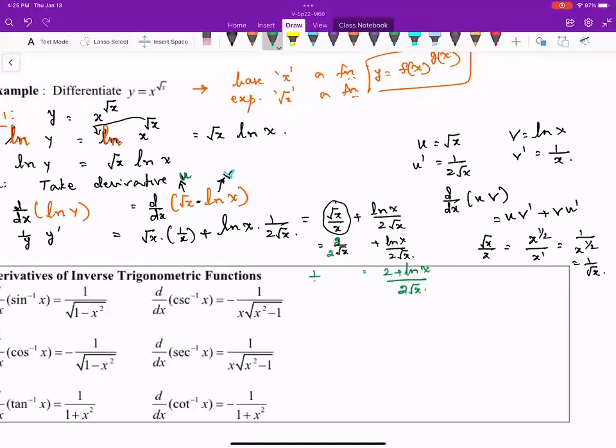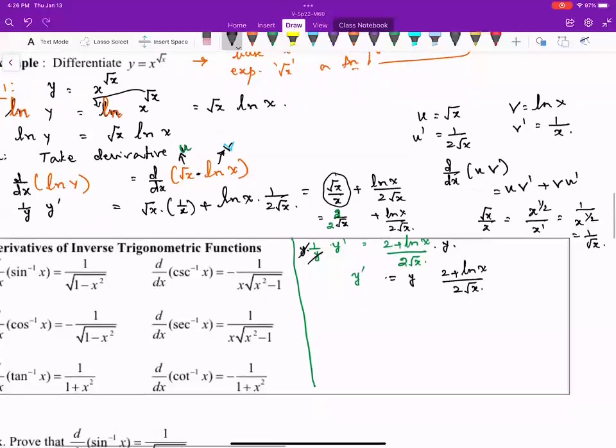So what do we have on the left hand side? It's 1 over y times y prime. What I want is only y prime, which means I need to multiply both sides by y. So I get y prime equal to y times (2 plus ln x) over 2 radical x.